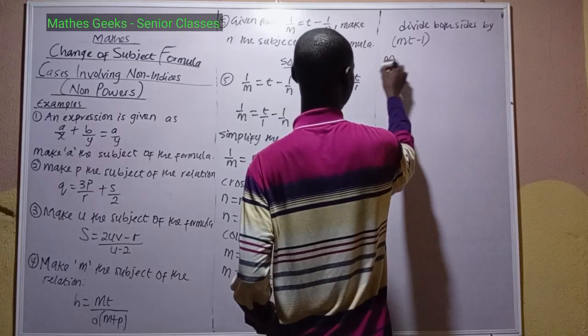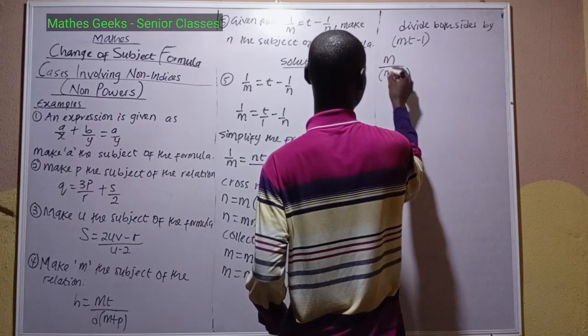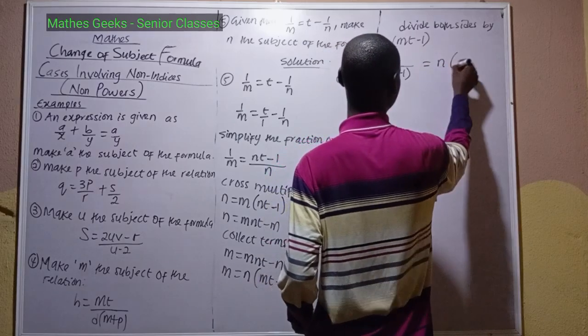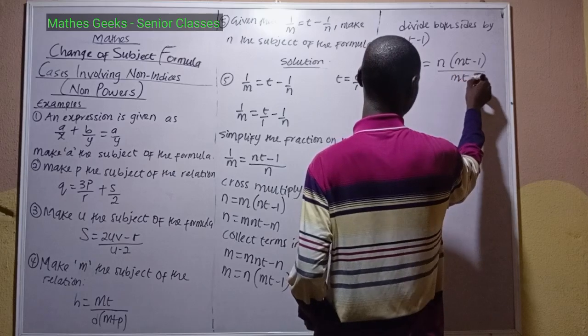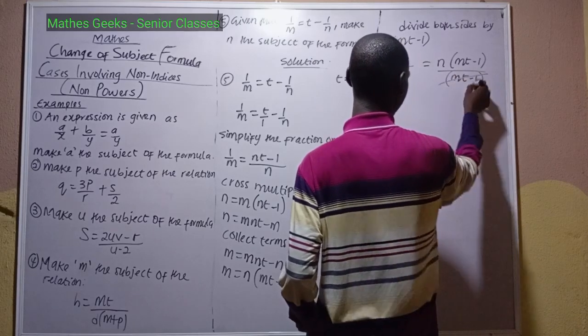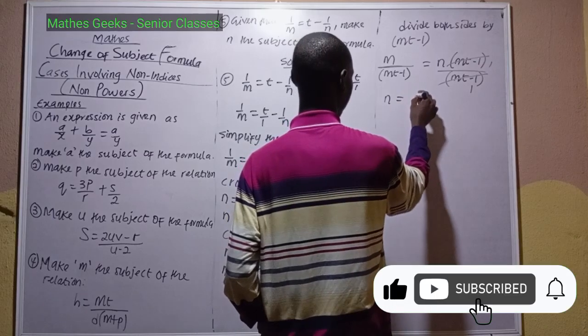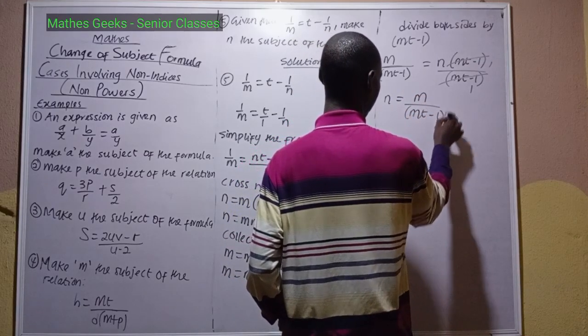So n(t minus 1) equals n(t minus 1) over n(t minus 1). n is equal to n over n(t minus 1).